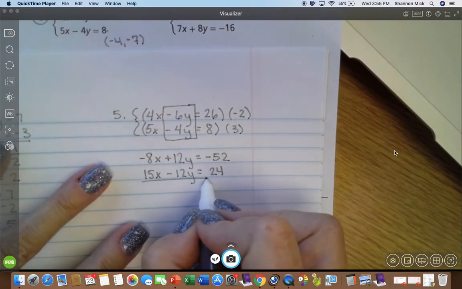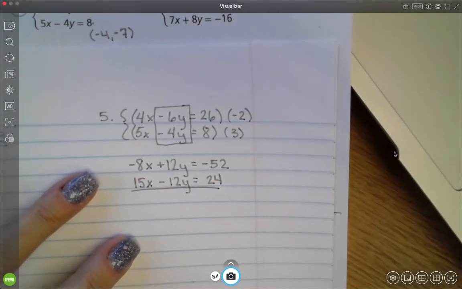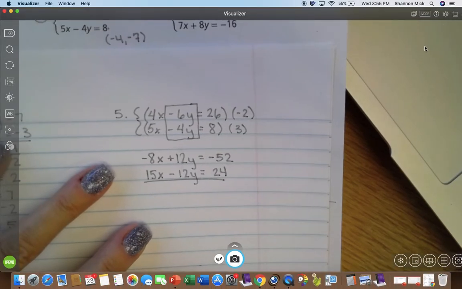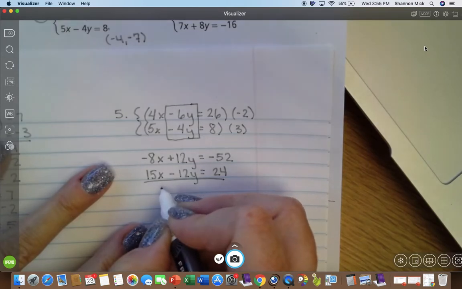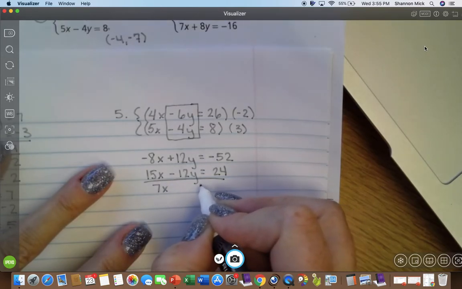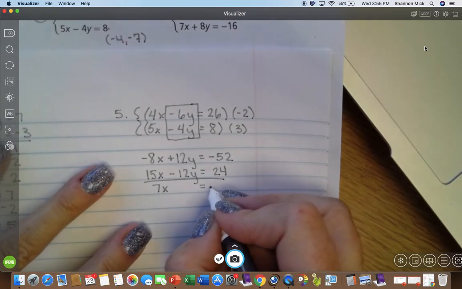And then I just add the two. So I get 7x equals, combining those two, -28.